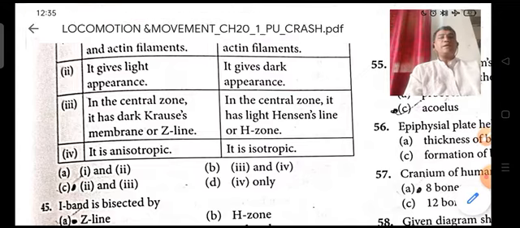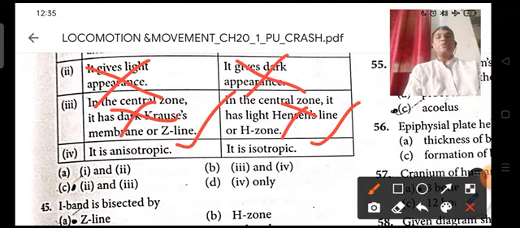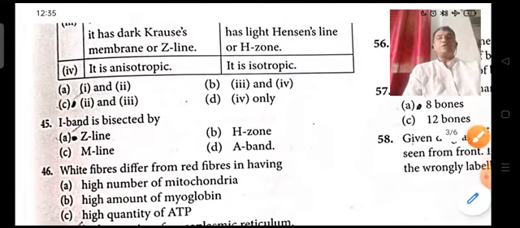Already you know that the A band itself says that because of the arrangement it is anisotropic, and the other is isotropic. So here option 2 and option 3, these two are wrong, so you need to select 2 and 3. And option C shows this incorrect statement, so option C is the right option.